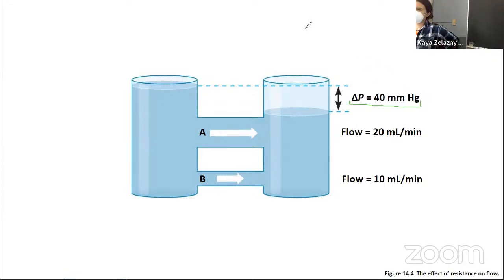But what we can see here about the flow is that the flow through A is 20 milliliters per minute, and the flow through B is only 10 milliliters per minute. Take a second and answer this in your head, and then I'll ask someone to answer for all of us. What do you think the difference between A and B is that's creating this difference in flow?